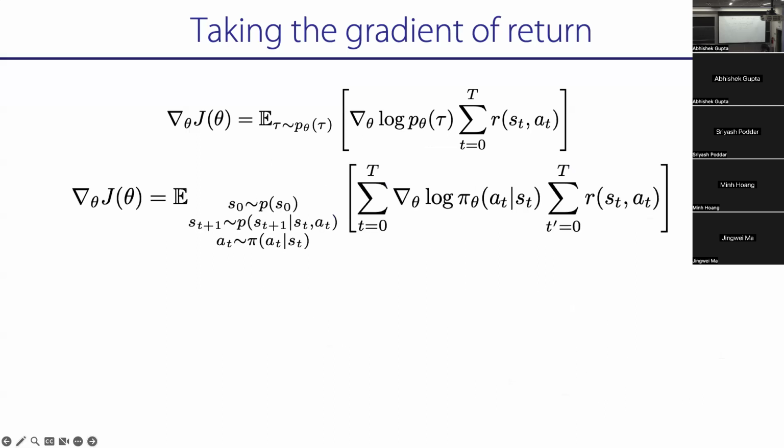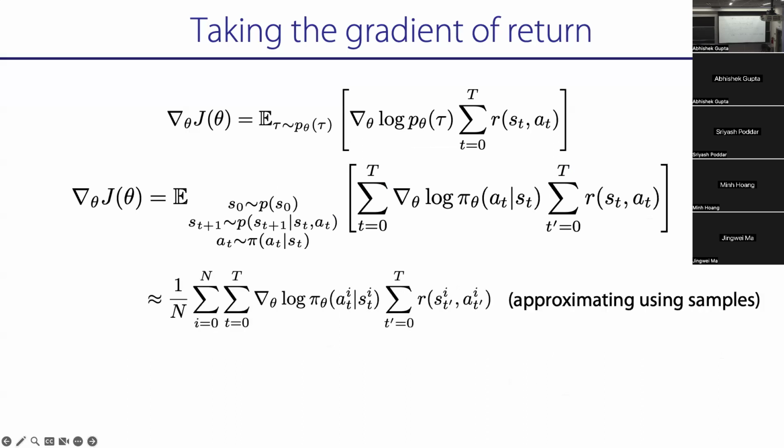So the reason we did this is we wanted to evaluate this as a Monte Carlo estimate so that we can implement it in code, right? So we said that we can approximate this using samples. You just sample trajectories from your policy. You compute the grad log pi's, you compute the sum of rewards. You increase the likelihood of actions in high reward trajectories and push down the likelihood of actions in low reward trajectories.